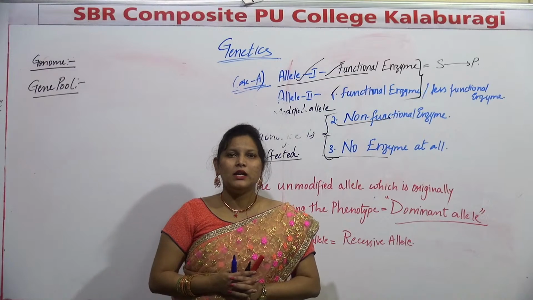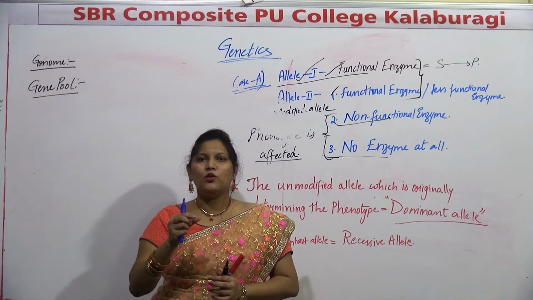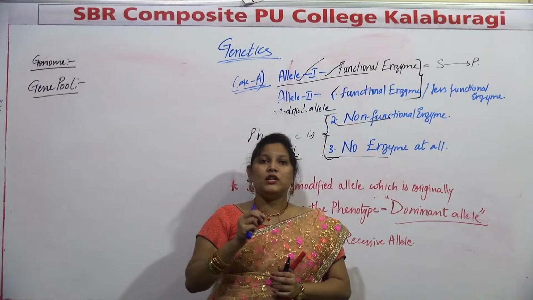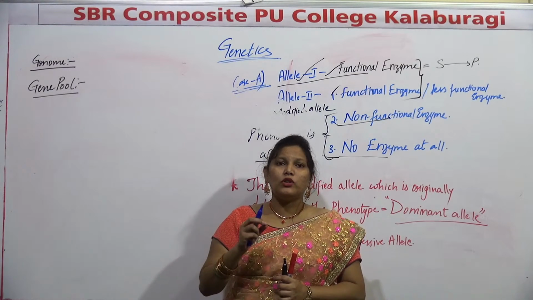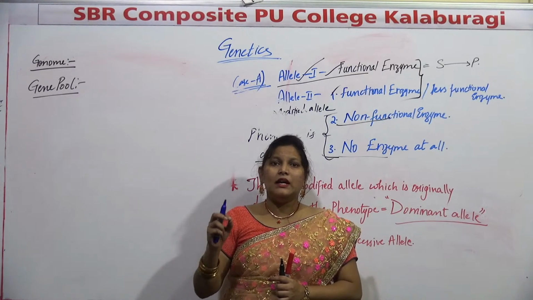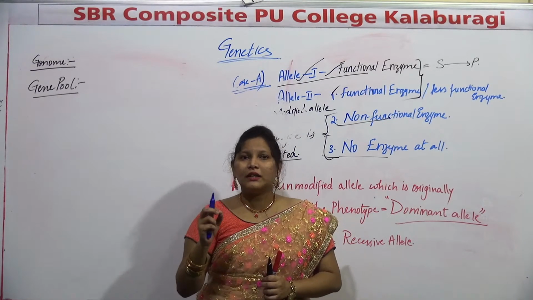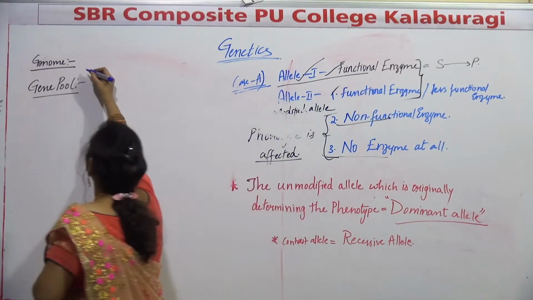Once again, the difference here: genome is about a single individual, whereas gene pool is about a complete population. The sum total of all the genes in a given population, in a given area at a particular time, is said to be gene pool. Okay.